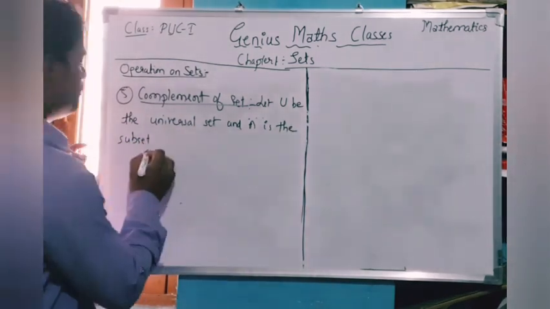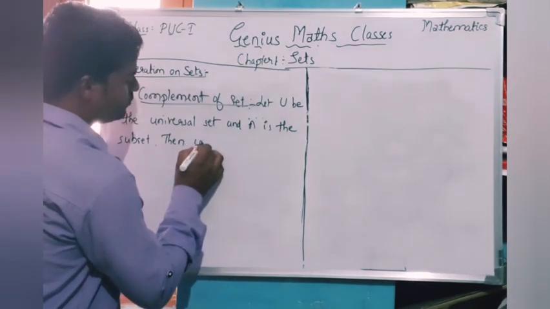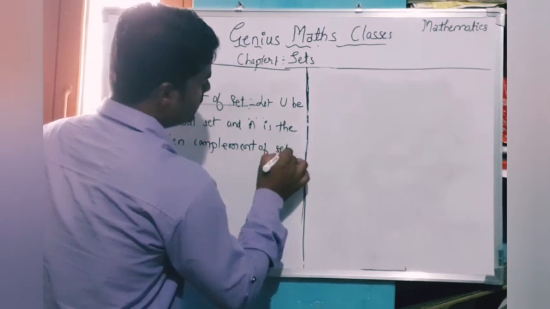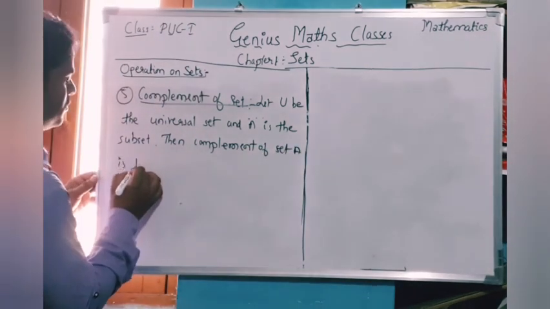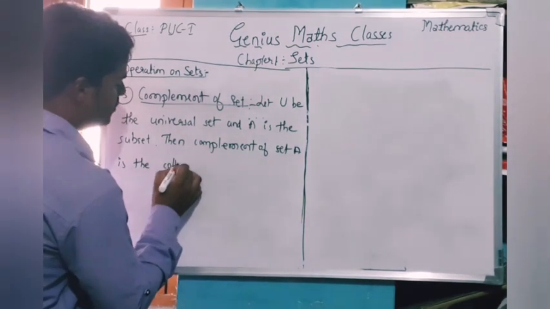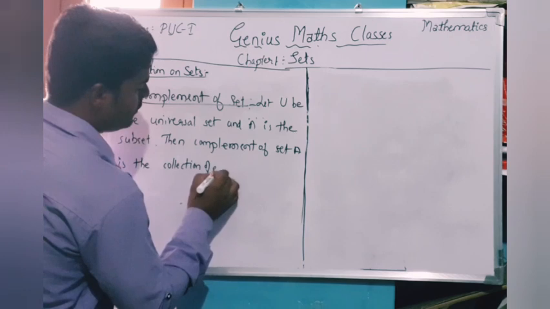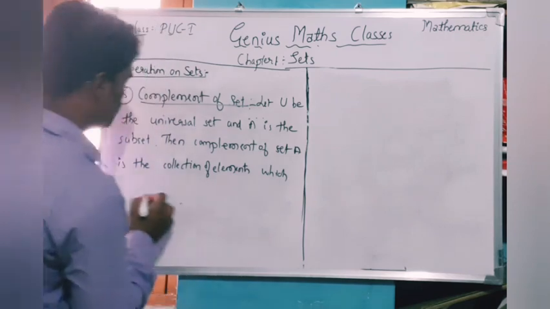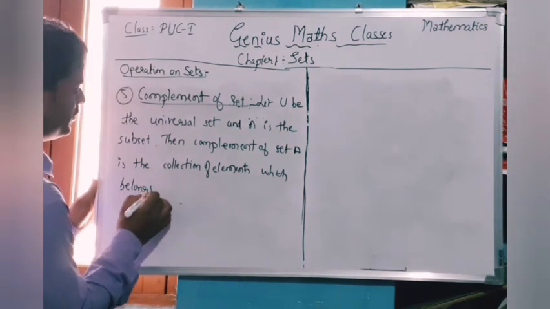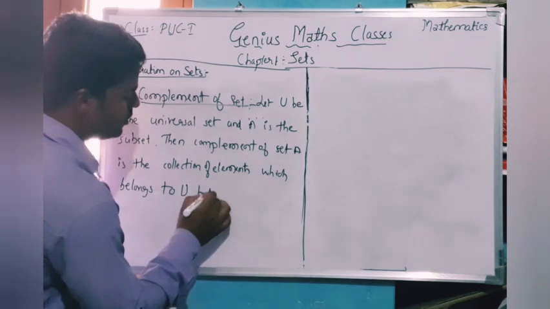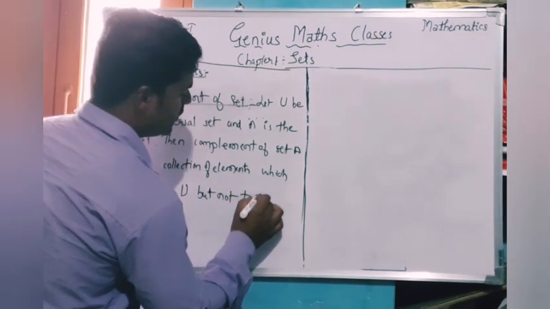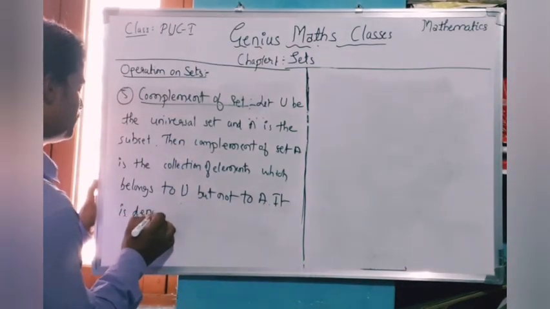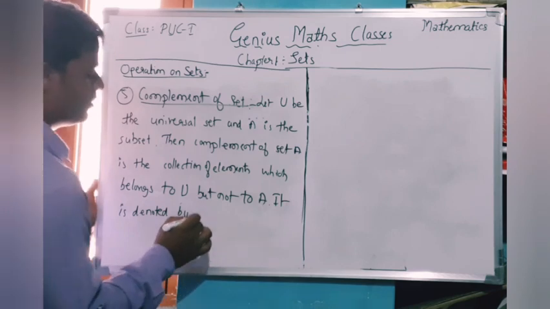Then the complement of set A is the collection of elements which belong to U but not to A, and it is denoted by A dash.